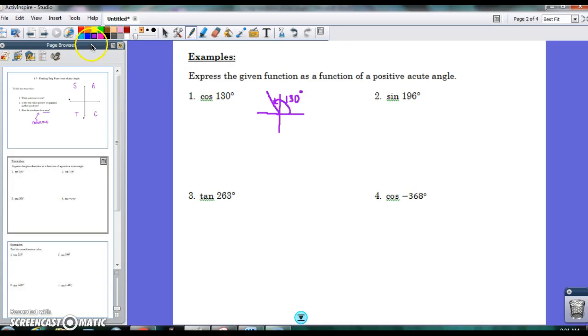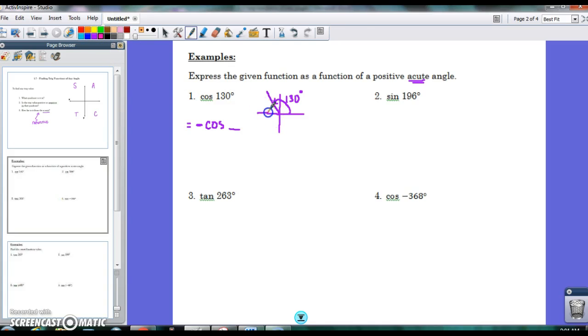Okay, is cosine positive or negative in the second quadrant? Well, cosine is negative in the second quadrant. So now I know that my answer should have a negative in it. So my answer is going to be negative cosine of some angle. This angle needs to be the acute angle. This is where that third question comes from. What is our reference angle? How far are we from the x-axis?